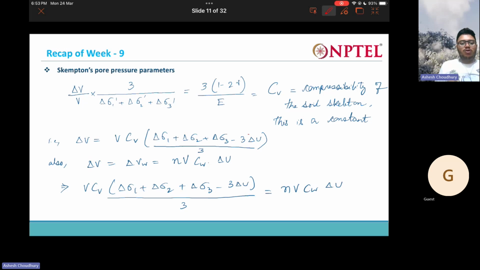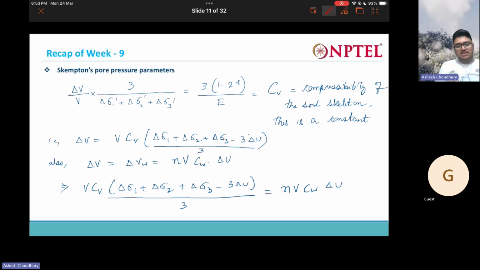Also, delta V is equal to the change in the volume of water, delta Vw, which is nothing but n into V into Cw into delta u.